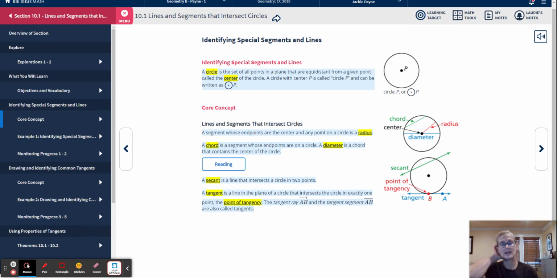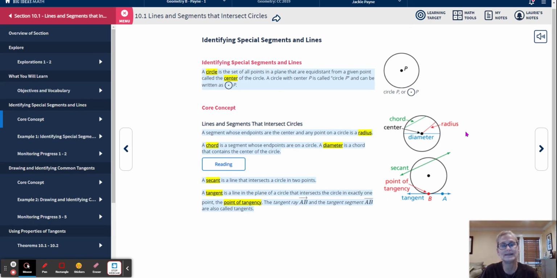The core concept is that lines and segments that intersect circles, a segment whose endpoints are the center and any point on a circle is a radius. So basically a radius is from the center to any point on the outside. A chord is a segment whose endpoints are on a circle. And a diameter, here it's green, a diameter is all the way across, so it's blue.